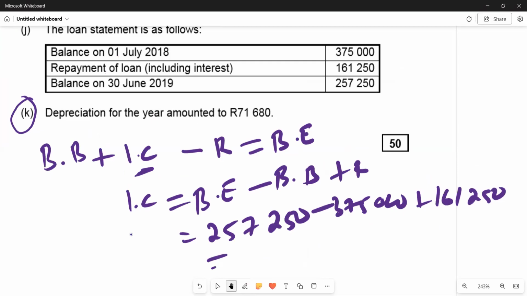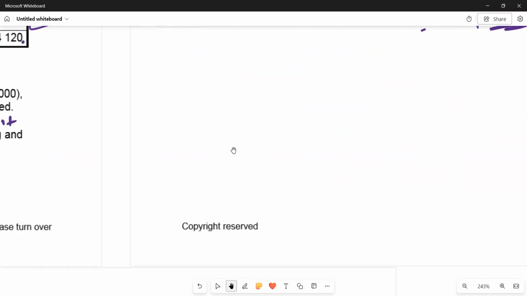So we're saying 257,250, we subtract 375,000, add 161,250, and we are going to get your 43,500. So 43,500 becomes your interest expense. So we can just go there and put it as 43,500.